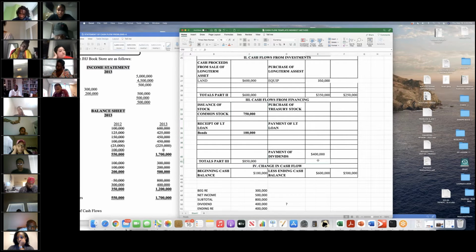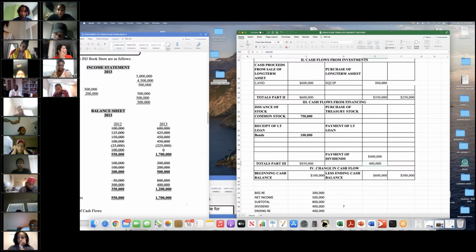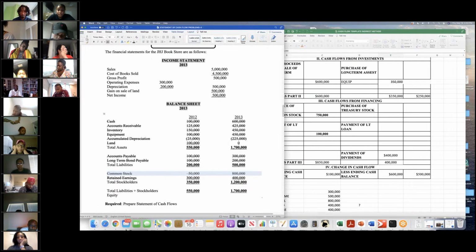Right. How do we get 100,000 in bonds? We go to the bond, and the long-term bond went from 100 to 200. So you borrowed more money. Whenever the liability goes up.